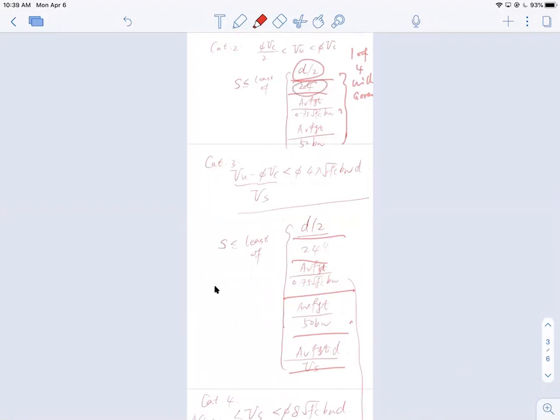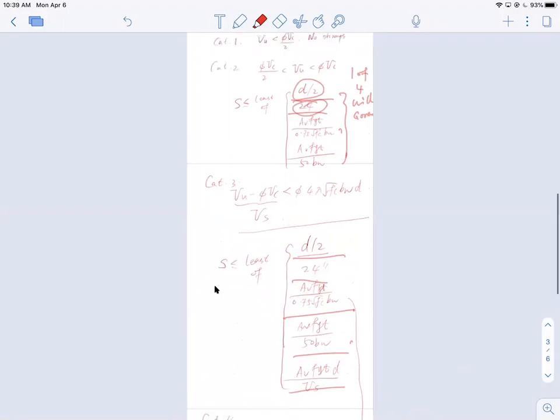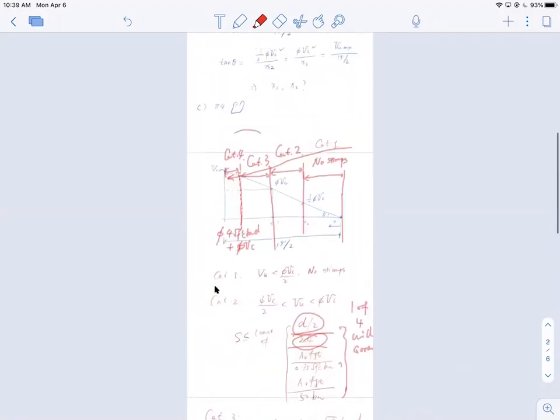So I may have the same spacing requirement for all these categories.